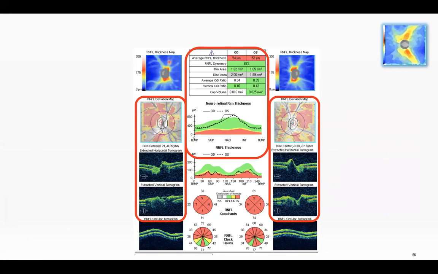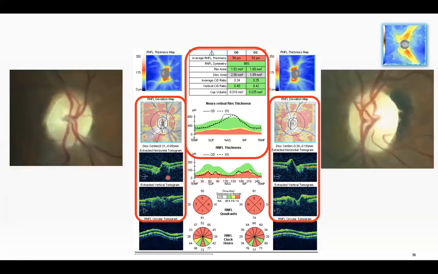You see a lot of RNFL loss, but there is only a small amount of cupping, and you don't see any cupping in the extracted vertical or horizontal tomograms. When you look at the patient's disc, you see it's optic atrophy, not glaucomatous.